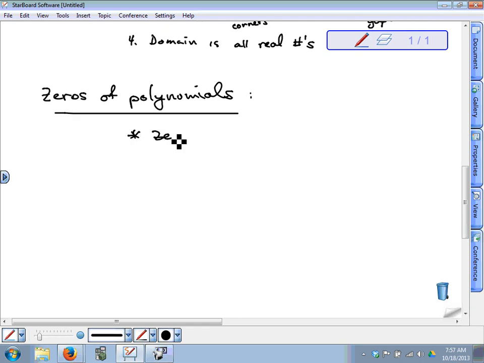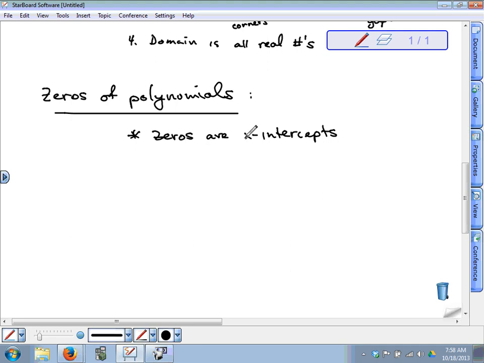Write this down. Zeros. Zeros are nothing more than x-intercepts. You need to remember that connection. Zeros, x-intercepts, they're the same thing. Which are also the same thing as this.